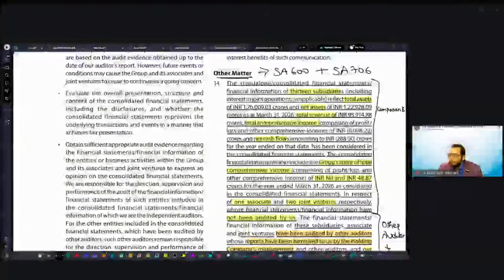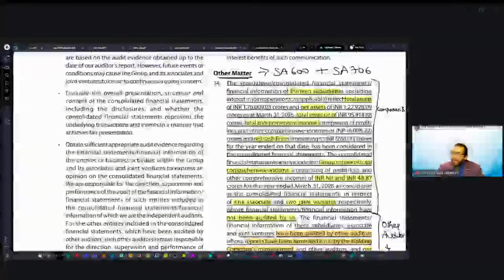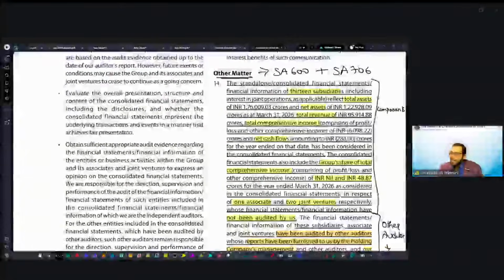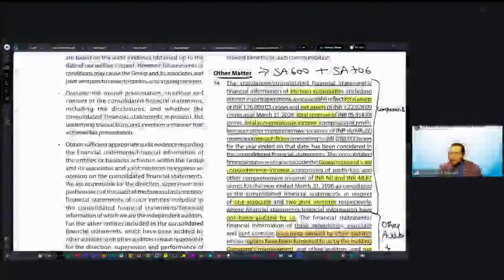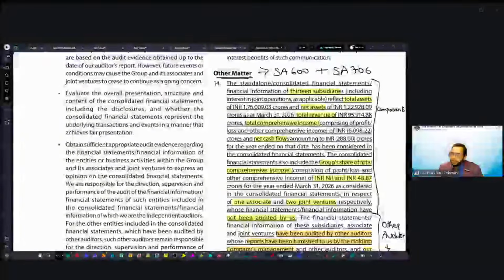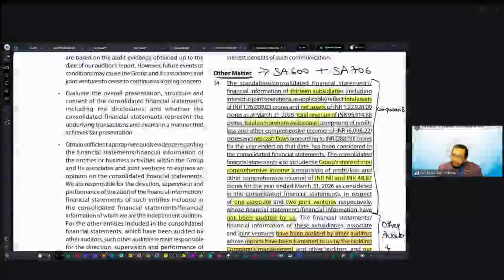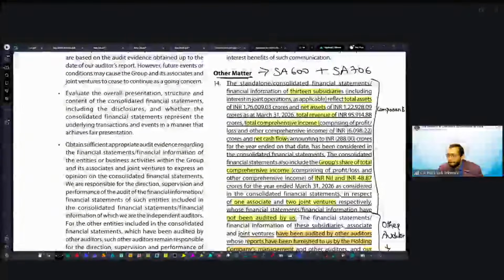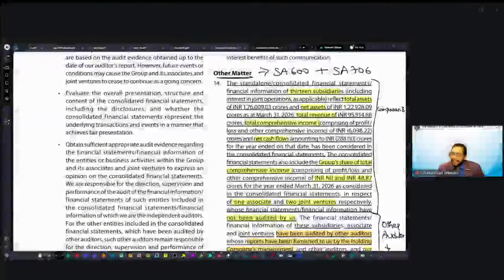After the break, we will see what SA 600 says with respect to this disclosure, and we will discuss some more complex scenarios where we are the auditors, and what is required to be done in that particular scenario. We will take up some more scenarios and see how to report on that. So let's take a quick 10-minute break.